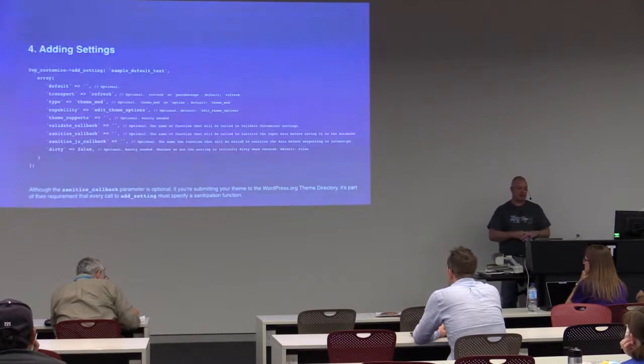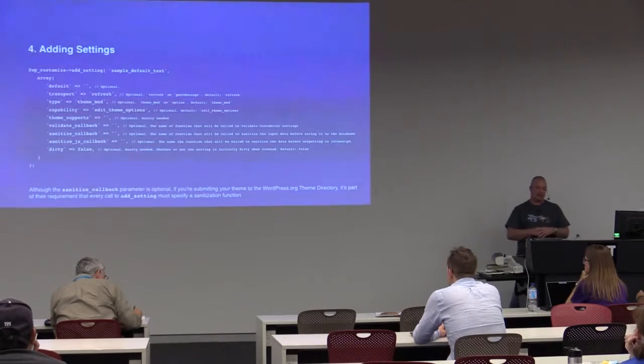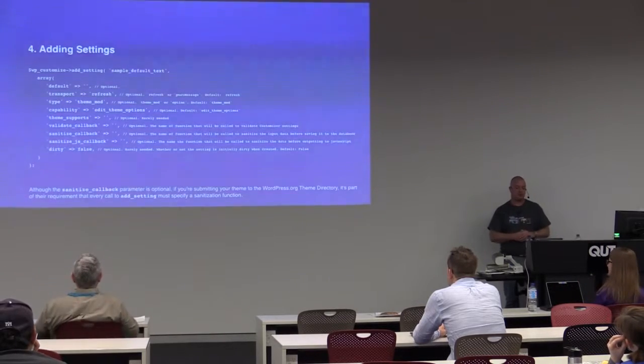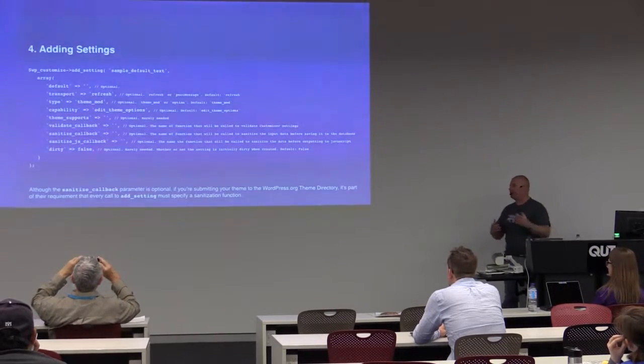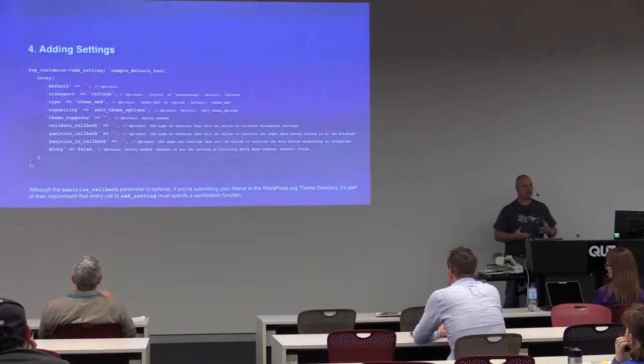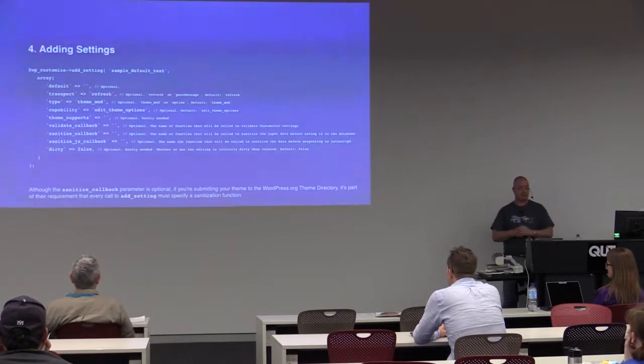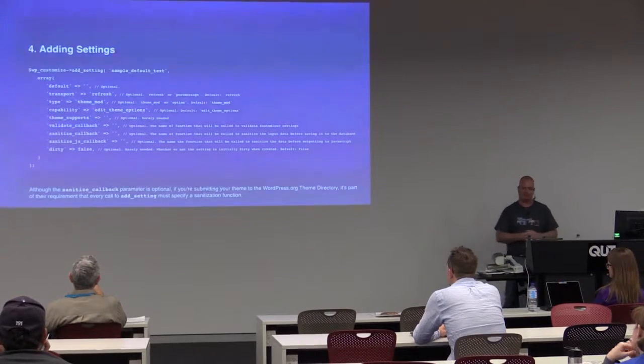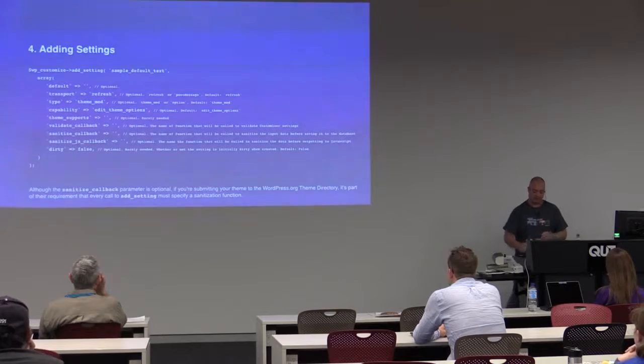You call add_setting to create your setting. When you add a setting, you can specify a default value and a transport, among a number of other things. The transport is basically how the live preview refreshes. And as I mentioned, even though the sanitize callback parameter is optional, if you're submitting a theme, you have to specify a sanitization function.